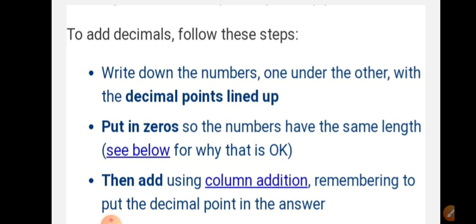Put in zeros so that the numbers have the same length. Then add using the column method, remembering to put the decimal point in the answer. When you see the example, it will be more clear.